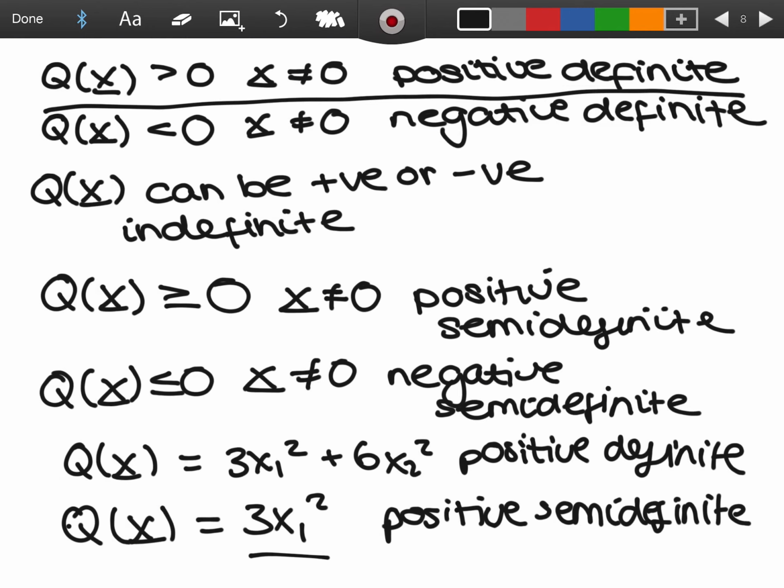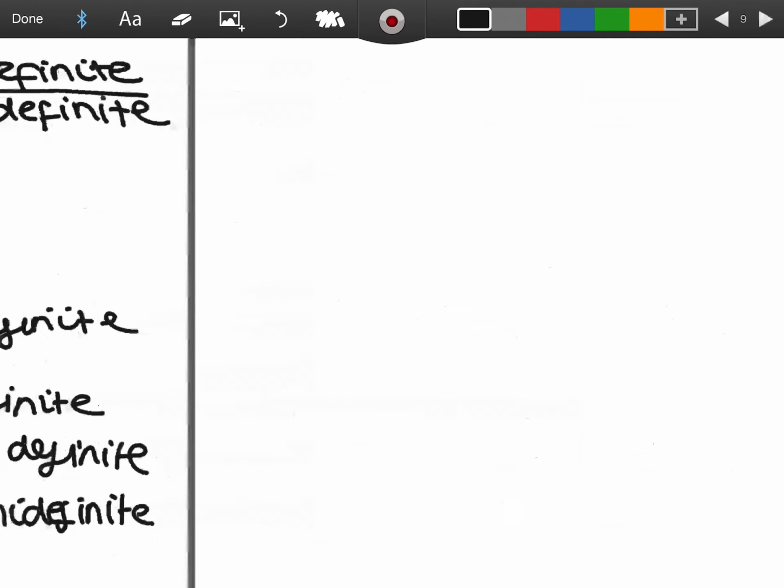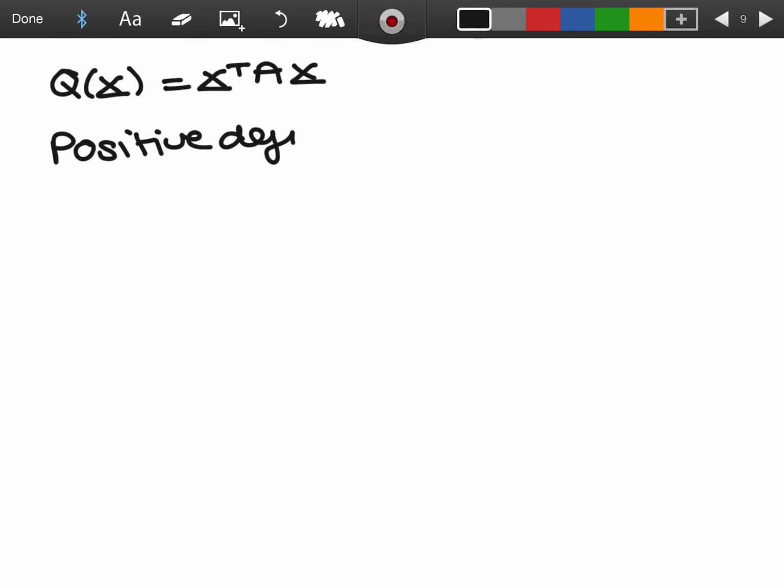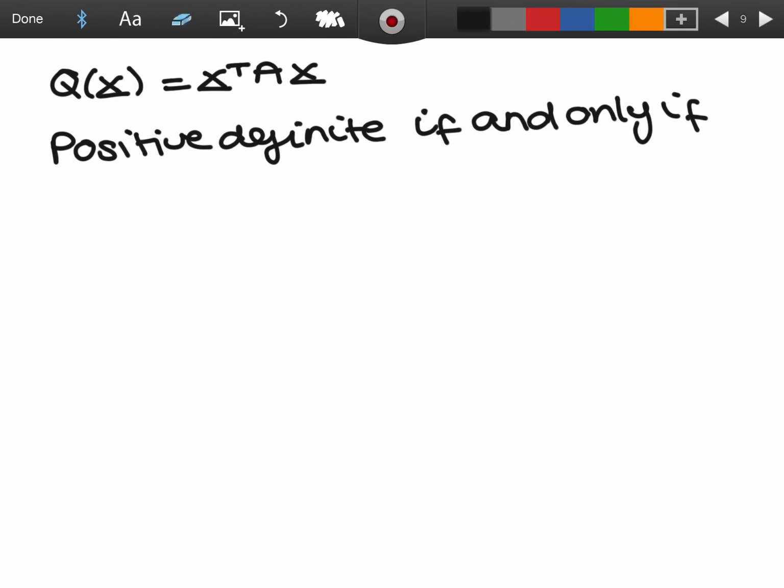Now, how do we know when a quadratic form is positive definite, negative definite, etc.? Well, it turns out that the quadratic form Q of x equals x transpose Ax is positive definite if and only if all the eigenvalues of A are positive.